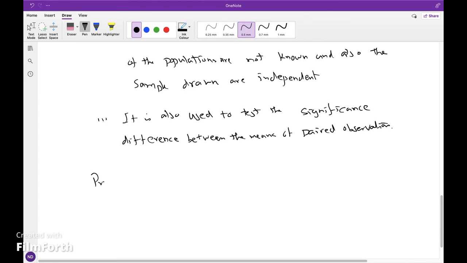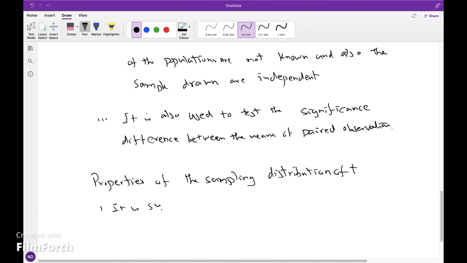Properties of the sampling distribution of t. One, it is symmetric about t equal to 0.